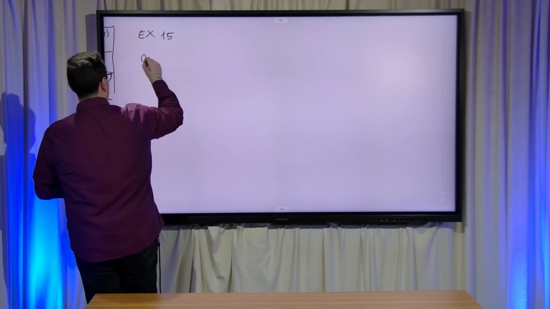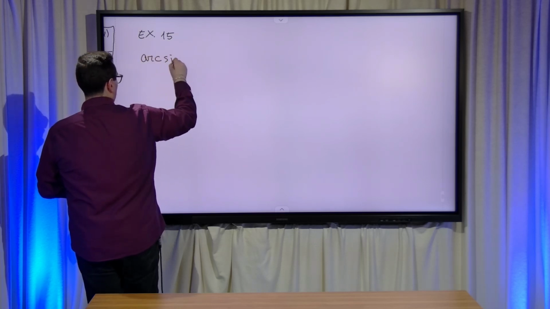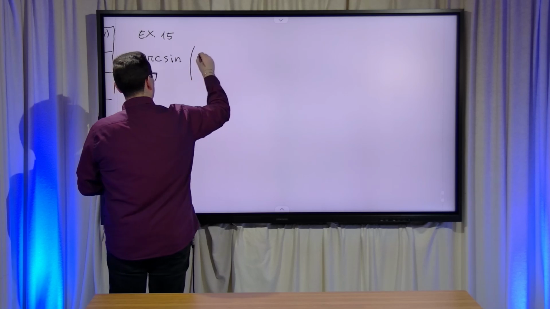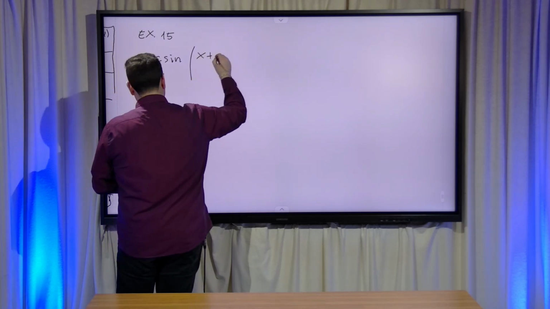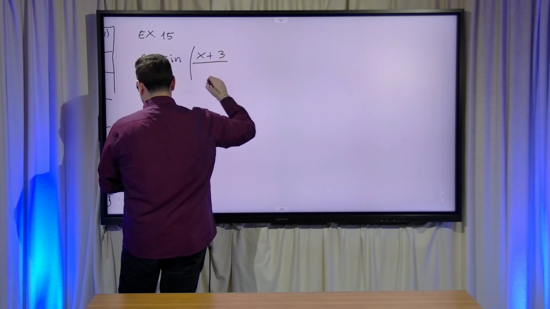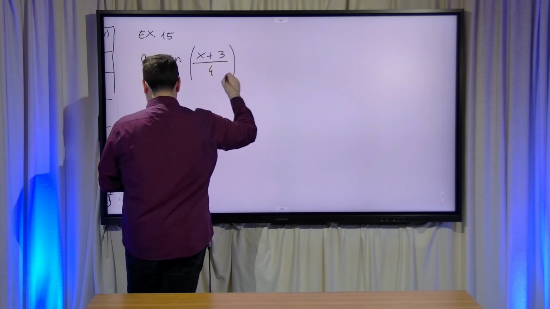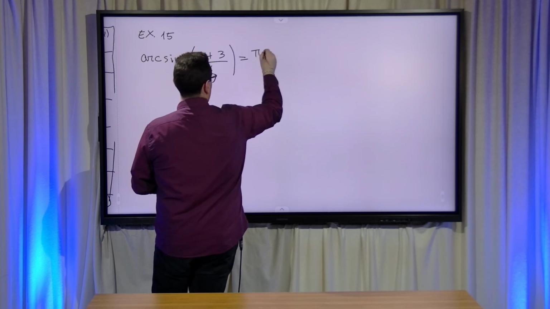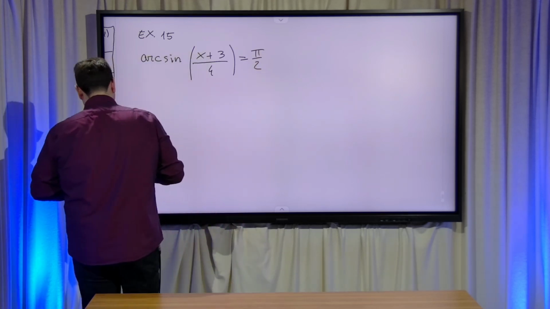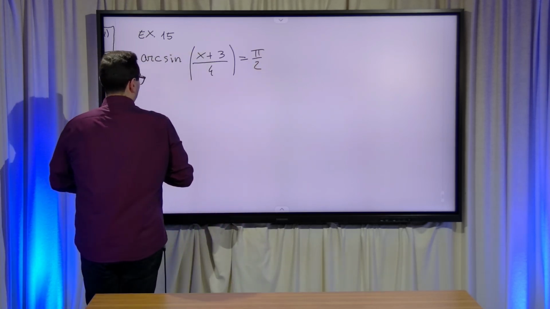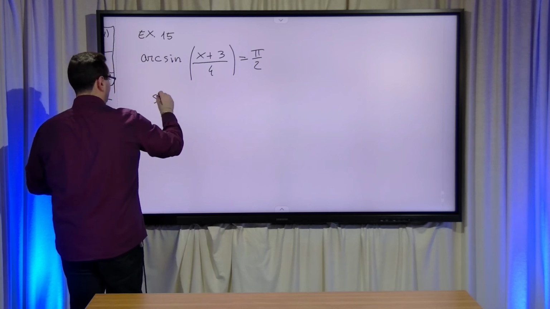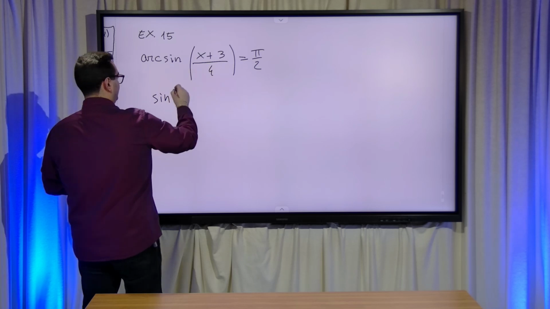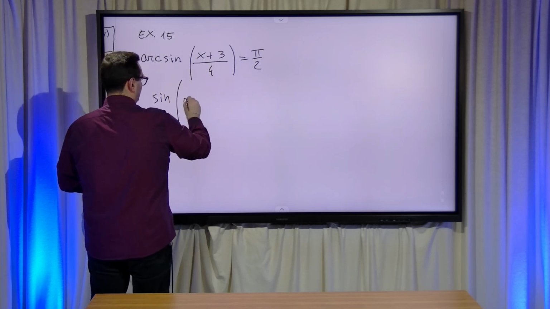So arcsine of x plus 3 over 4 is equal to pi half. So always the same way, so I compute the sine at both members.